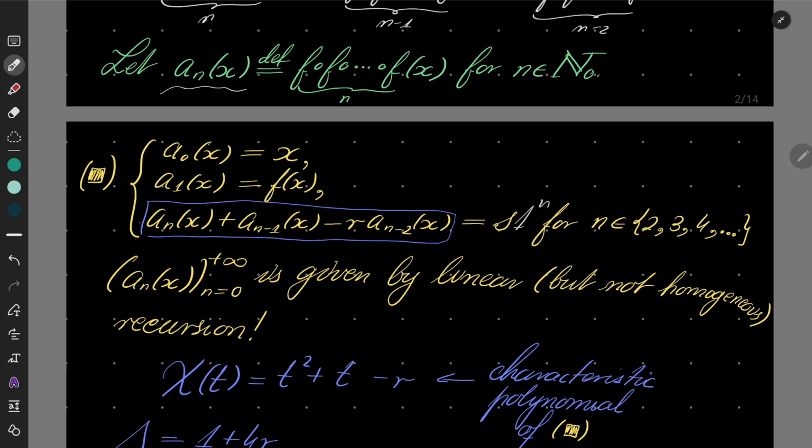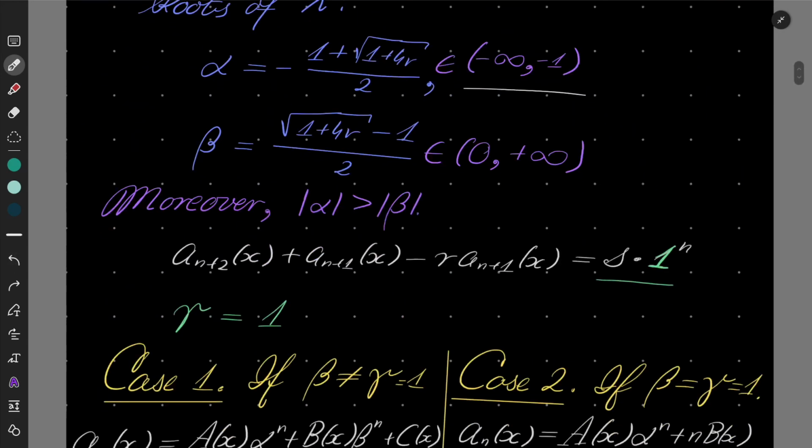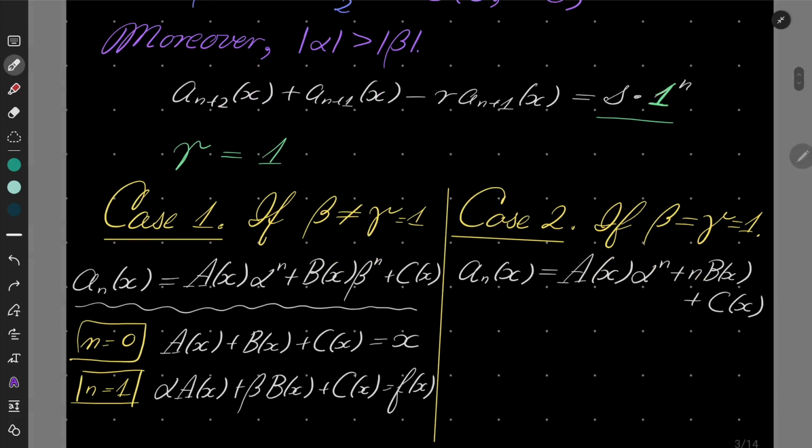It's our third root. And if we have 3 distinct roots, then the general case is some constant times the first root to the power of n plus another constant times the second root to the power of n plus a third constant. In our case, it was not exactly constant, it was dependent on x, but not on n.